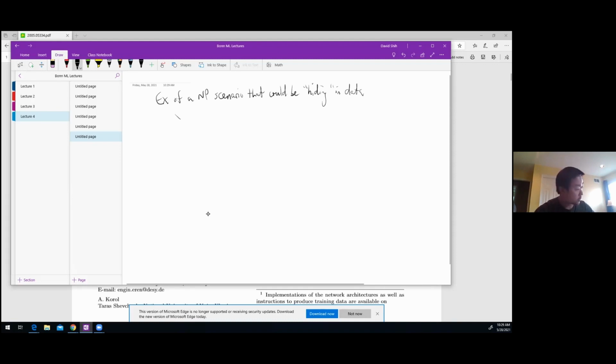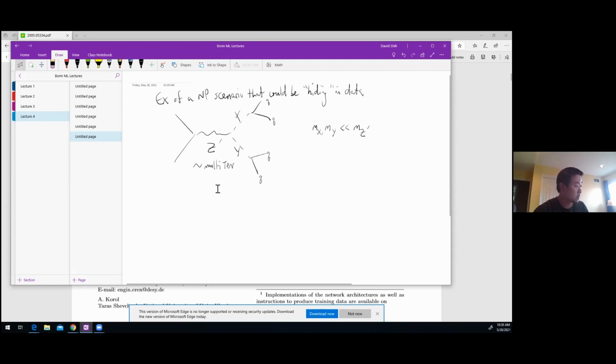This is almost pulled out of a hat, but consider the following. I have a Z prime with mass, multi-TeV let's say, which decays to two, I don't know, scalar particles, X and Y, and those scalar particles can decay to jets. Suppose m_X and m_Y are much, much less than m_Z'.